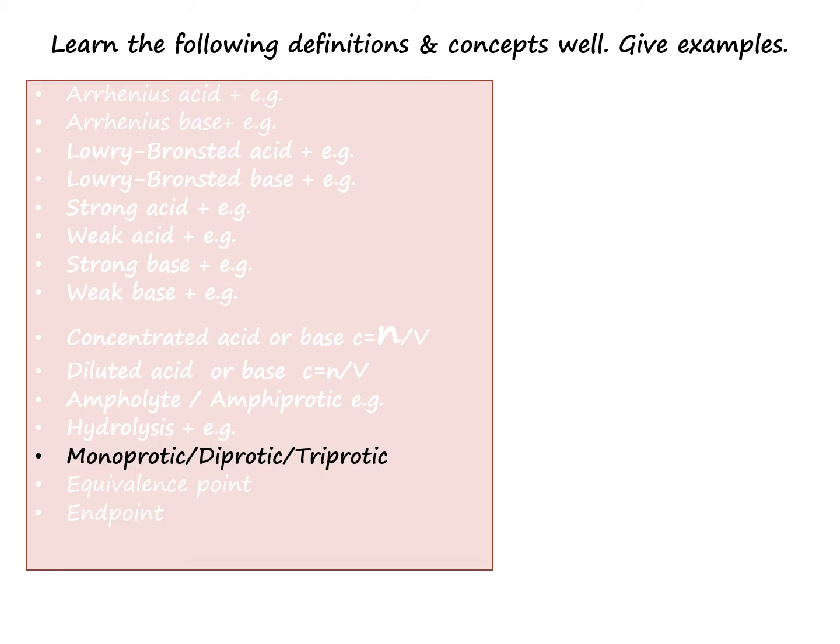Monoprotic, diprotic, and triprotic indicate how many protons, H+ ions, can be donated as an acid. Monoprotic can donate 1 proton; HCl is a good example. Diprotic, H2SO4, can donate 2 protons. And H3PO4 can donate 3 protons.